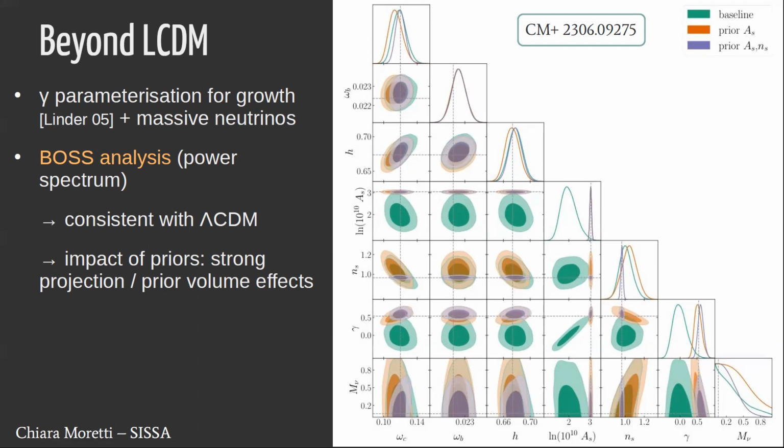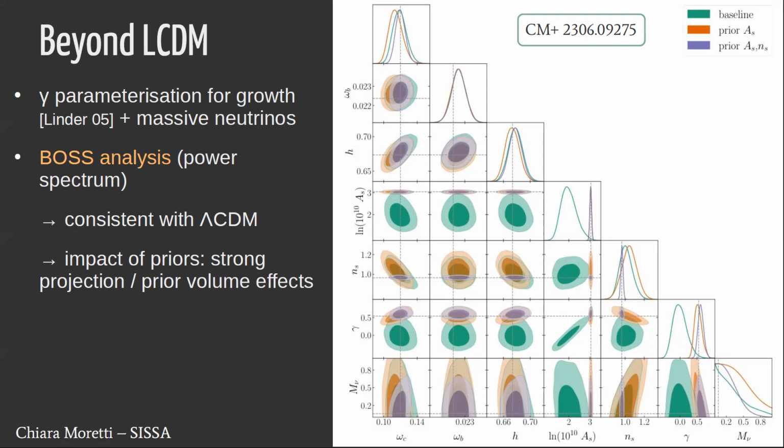And again, we reanalyzed the BOSS data with the same setup that I described before. In this case, we also explored the impact of priors. And first of all, we found kind of consistent results with lambda CDM. This is the additional gamma parameter, and this is the neutrino mass. The different priors that we tried to apply are, first of all, no priors, so very broad flat priors on the cosmological parameters.